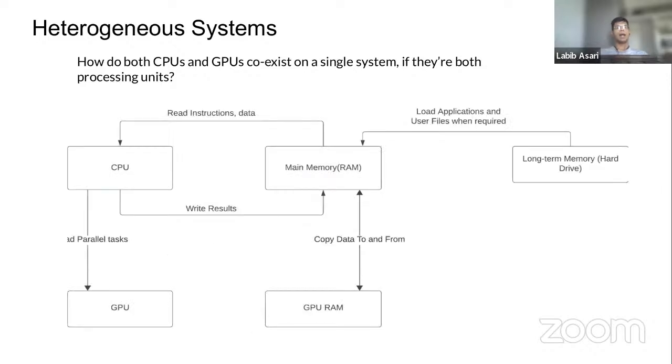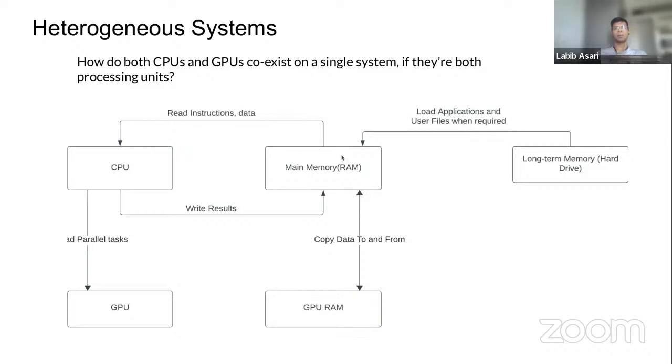Now we look back at our original picture, where I explained how a computer system is represented. Earlier we only had a CPU and the main memory, but now we also have a GPU and a GPU memory. So the normal flow of the program is, say I want to multiply two matrices on my computer. Initially those matrices are stored in the long-term memory.